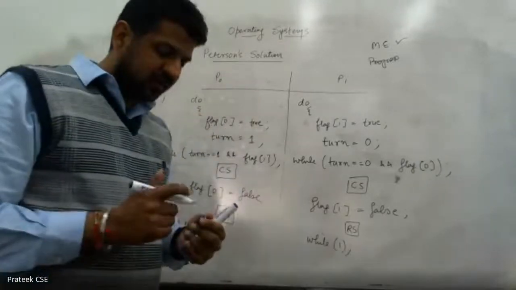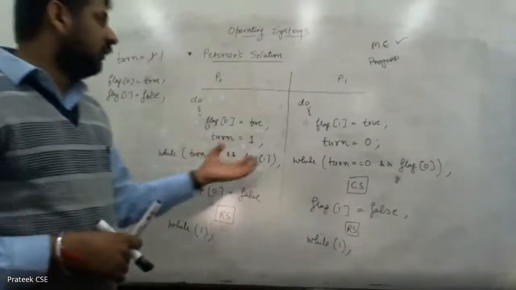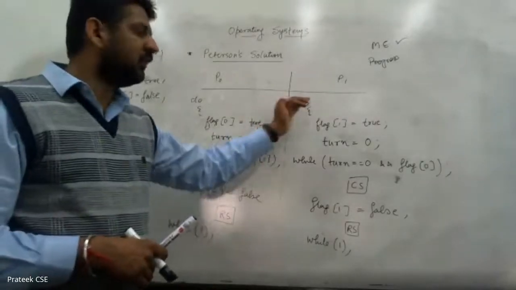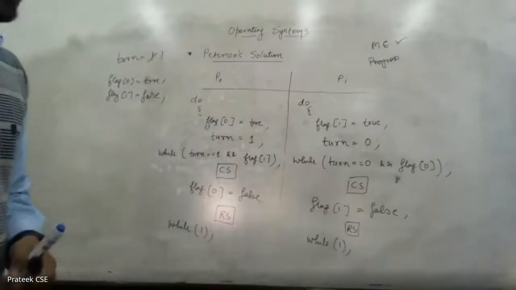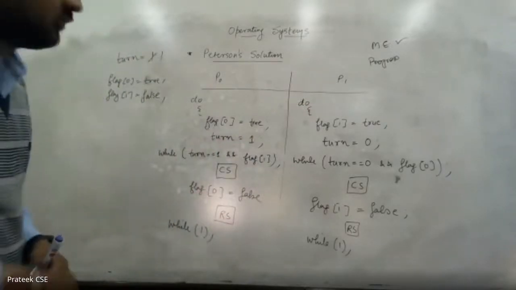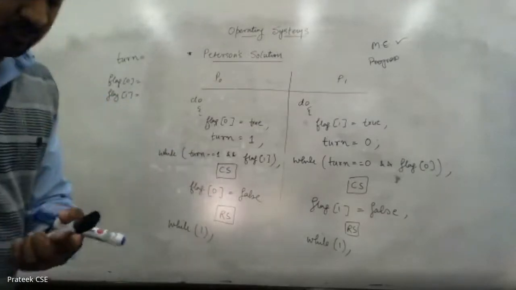Now just let me discuss the last case for today, where we will have to see what will happen when both the processes will be interested to enter the critical section at the same time. So I'm just starting once again for both the processes.